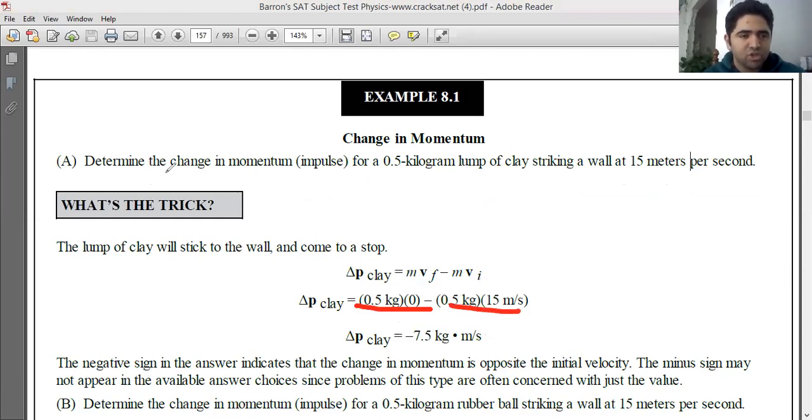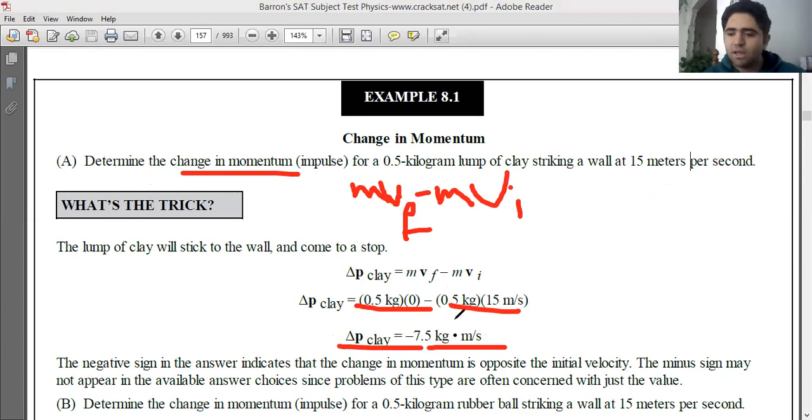And so they need change in momentum. That is m vf minus m vi. And we find that the change in momentum equals negative 7.5 kilogram meter per second. Okay? So the negative sign in the answer indicates that the change in momentum.